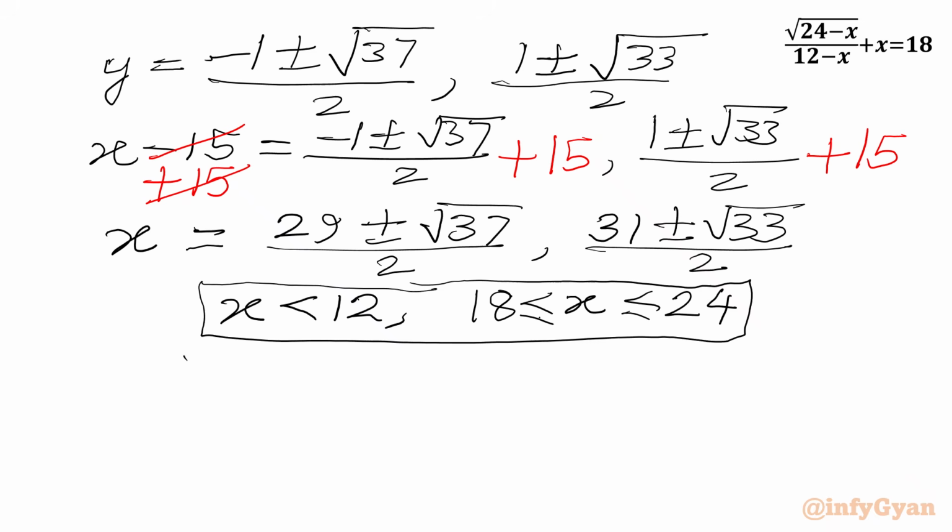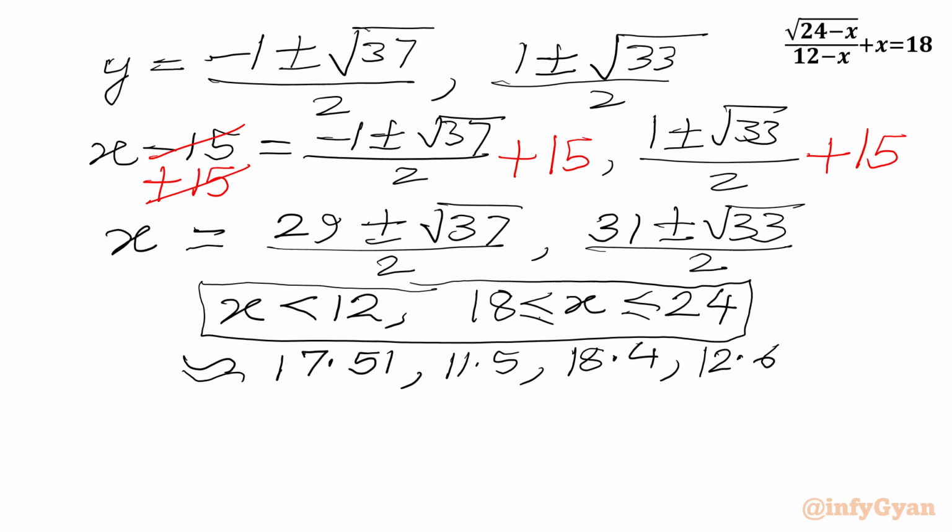So if I write here 29 plus square root 37 over 2, approximately 17.51. 29 minus square root 37 over 2, approximately 11.5. 31 plus square root 33 over 2, approximately 18.4. And 31 minus square root 33 over 2 would be somewhere 12.6.